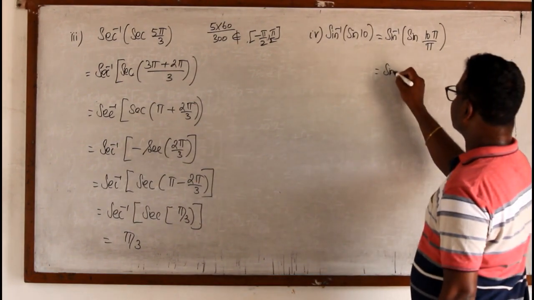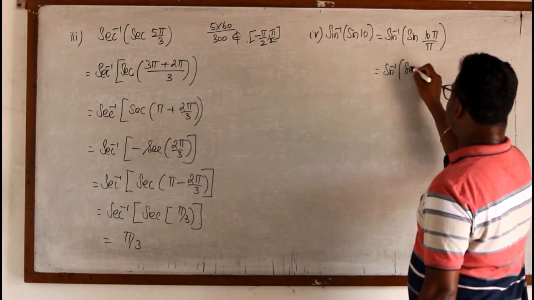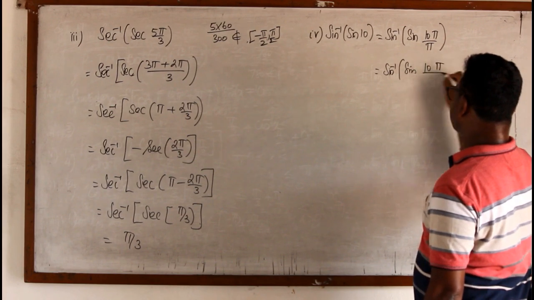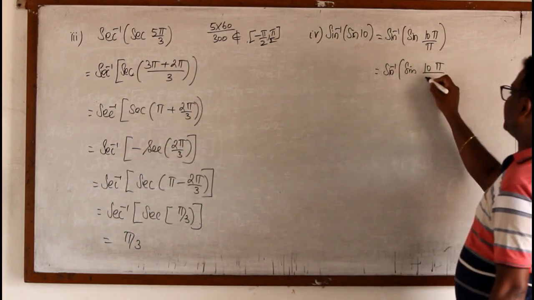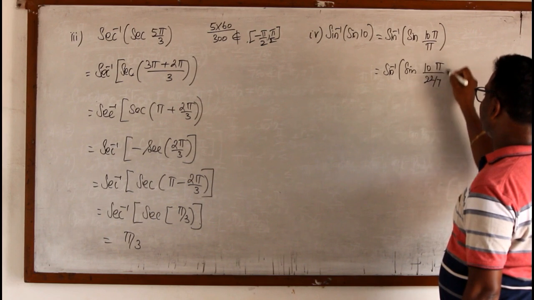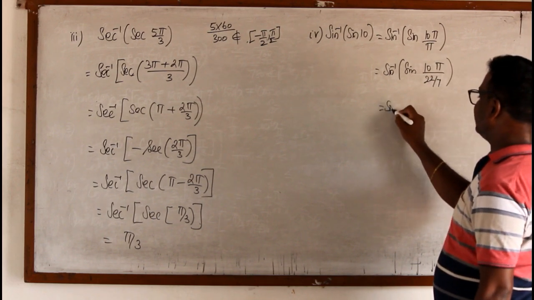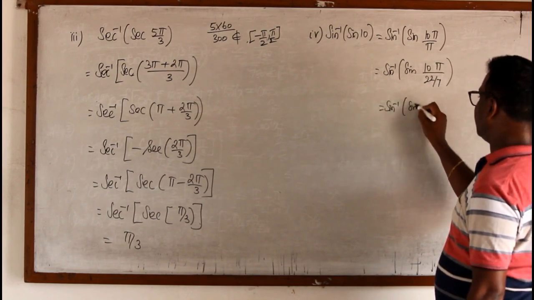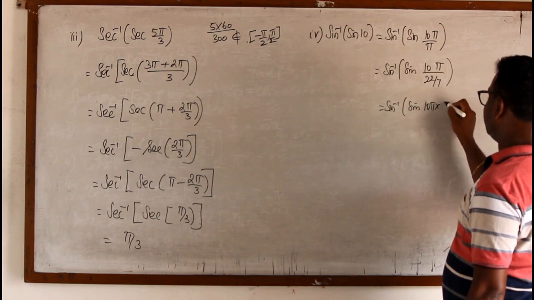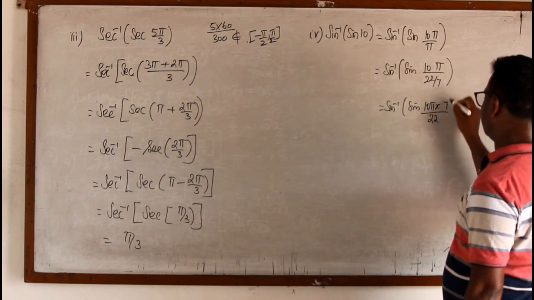Now this is sine inverse of sine of 10 pi, keeping the numerator pi as it is, but the denominator as 22 by 7. It is sine inverse of sine of 10 pi into 7 by 22.